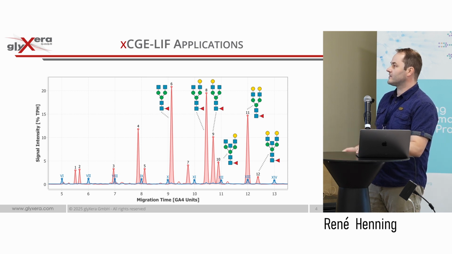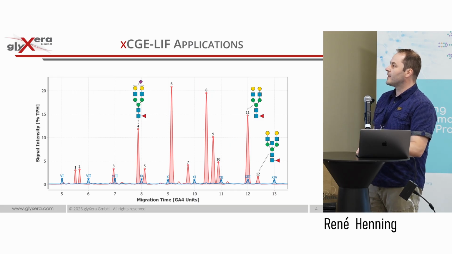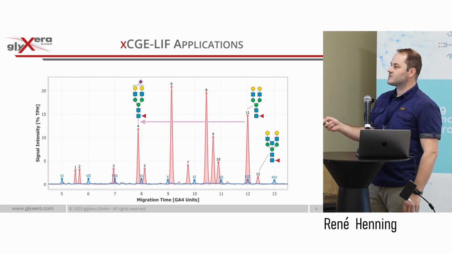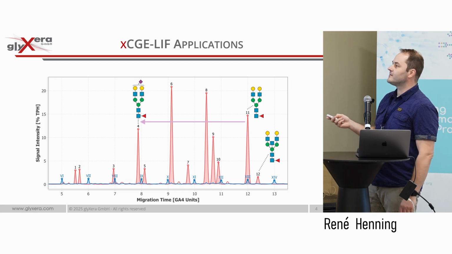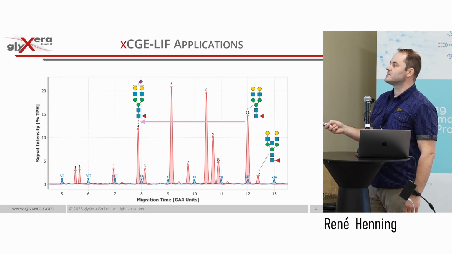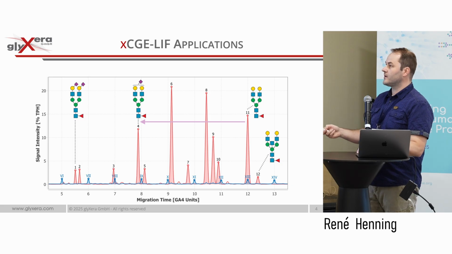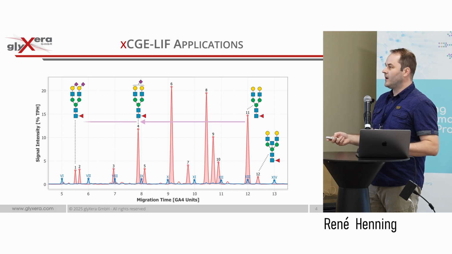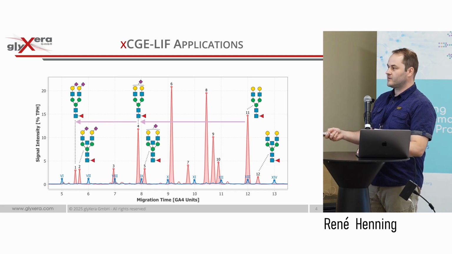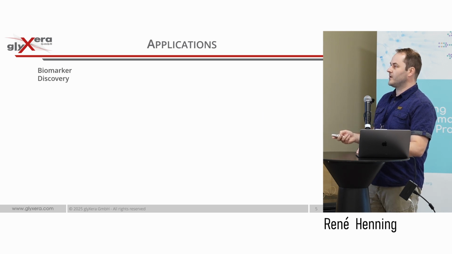These are the neutral ones, and what is actually special for CE, as you also saw in the last talks: the charged glycans are not eluting at the end like in HILIC. They have a negative charge, and this is why they appear a little bit earlier on the electropherogram. If you add another charge, they appear even earlier. This information will be important later on. And for this one, it's exactly the same. So, higher charge early on the electropherogram.